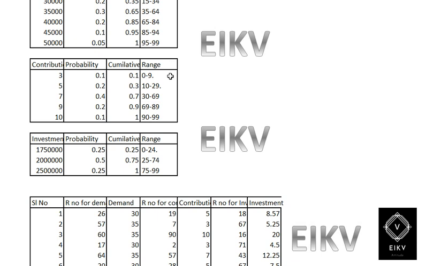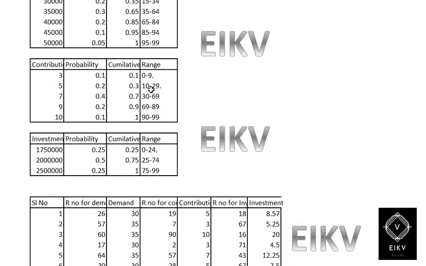After that we need to find the range. The range is the cumulative probability minus 1 as the end part of the range. Here we have 0.1, therefore 10 minus 1 gives 9. So 0 to 9 is the first range.